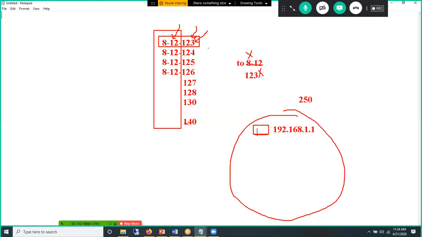I also have PC5, and the IP given to that machine is 192.168.1.5. Another machine, PC10, gets IP 192.168.1.10. PC12 gets 192.168.1.12. Like this, each and every device has a different address. Suppose I have 250 machines; all 250 machines will have different IPs.